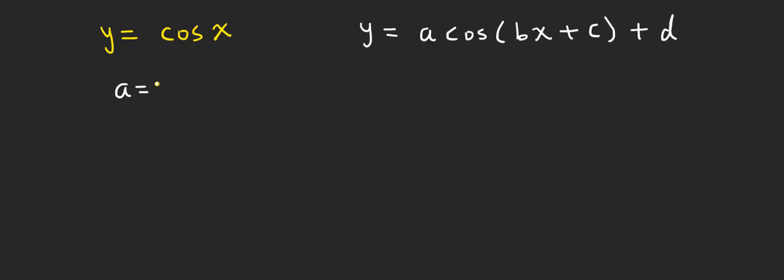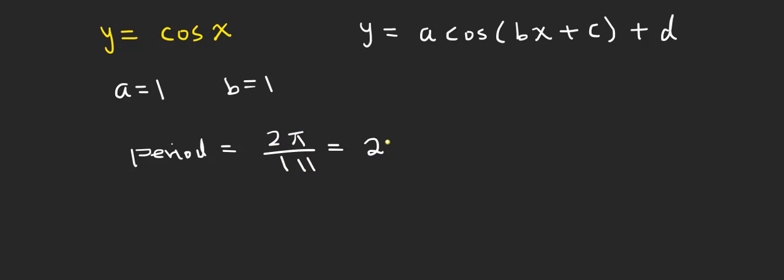A is 1, and B is also 1. That's why the period for cosine of x is 2 pi over the absolute value of 1, which is going to be 2 pi. So for sine of x and cosine of x, the period is 2 pi. So the period changes depending on what the value of b is.